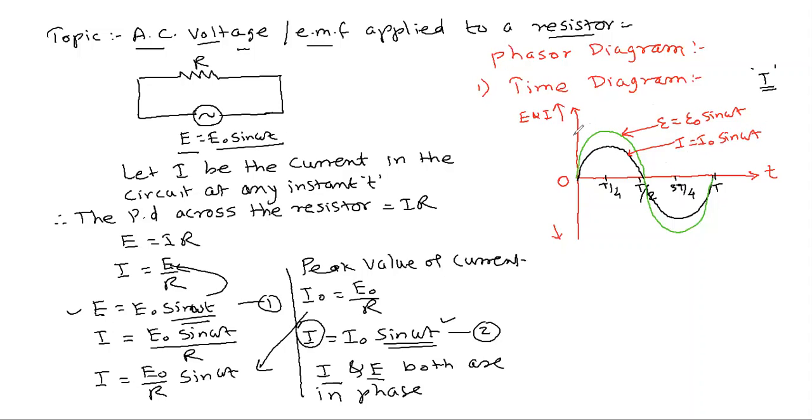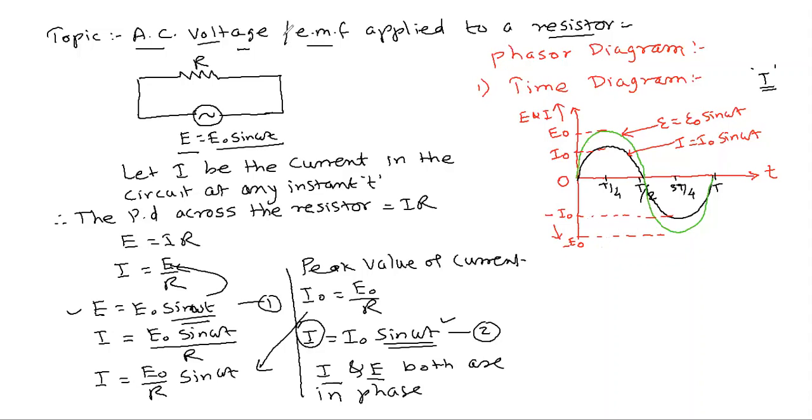So the respective peak value of the EMF and current are on both sides: here the peak value of the EMF and here the peak value of the current. So this is about your time diagram.